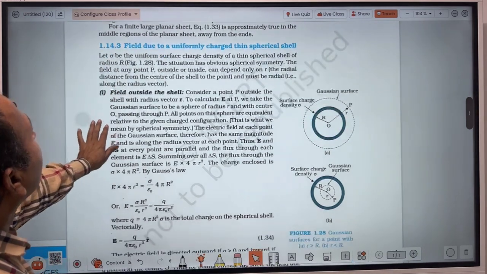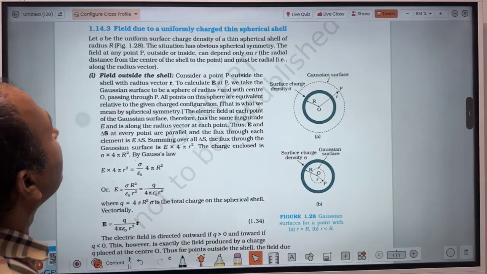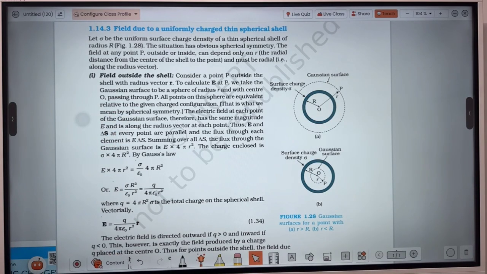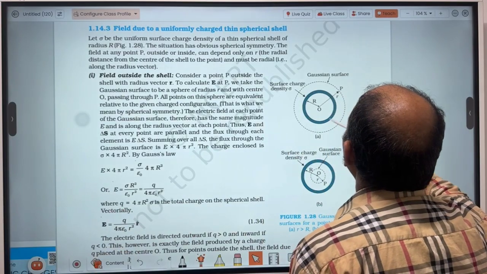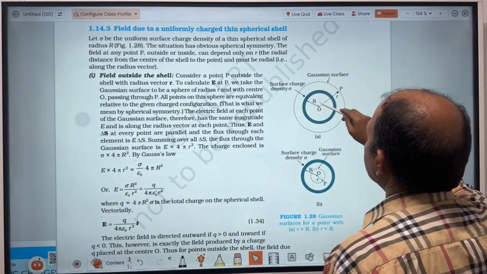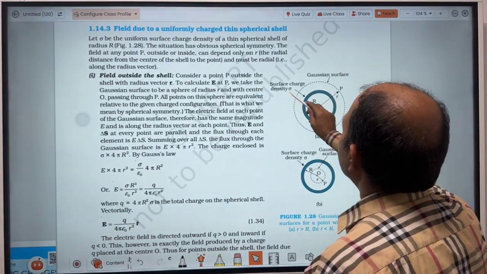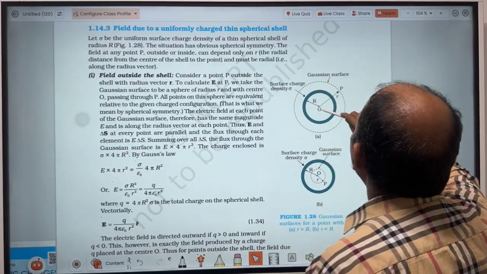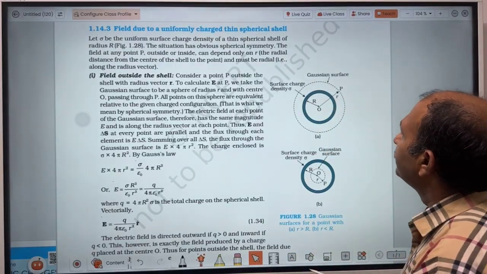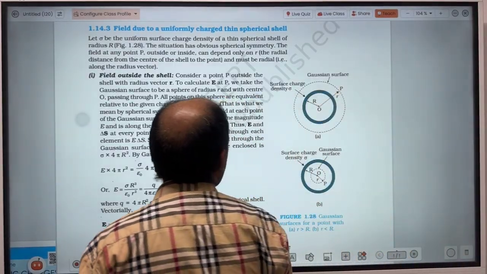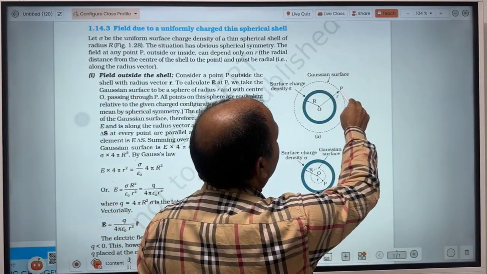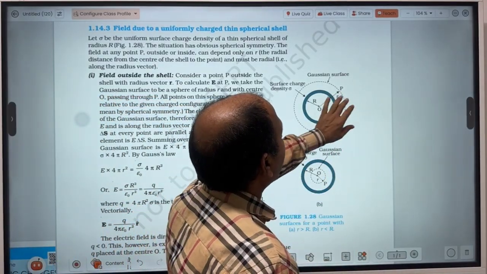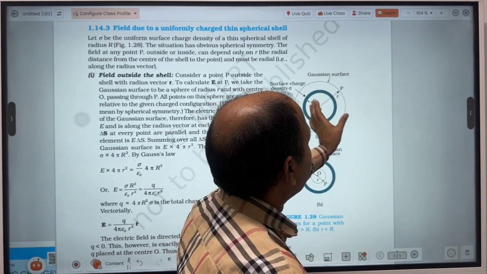Now we are going to study the field due to a uniformly charged thin spherical cell. Here you are given a spherical cell which contains surface charge density sigma, and we have to find the electric field at different points. If we consider the electric field at this point, for that we have to consider a Gaussian surface.